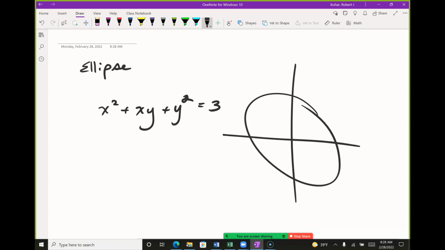This thing is stuck in implicit form. X's and y's commingling, and I can't separate them. So when I give you one of these on your chapter 3 test, I will give you a picture, so that it's a little bit easier to deal with. Let me just get a quick graph of this.